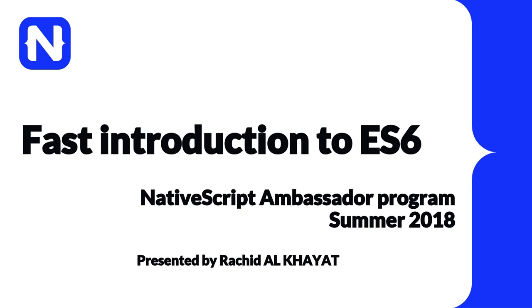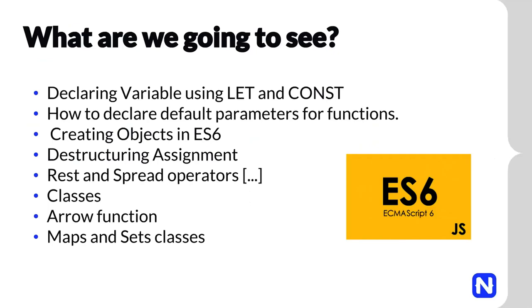In this presentation, I'm going to make a fast introduction to ECMAScript 6. So what are we going to see? Well, I'm going to talk about declaring variables using let and constants, and then how to declare default parameters for functions, and a new method of creating objects in ECMAScript 6.